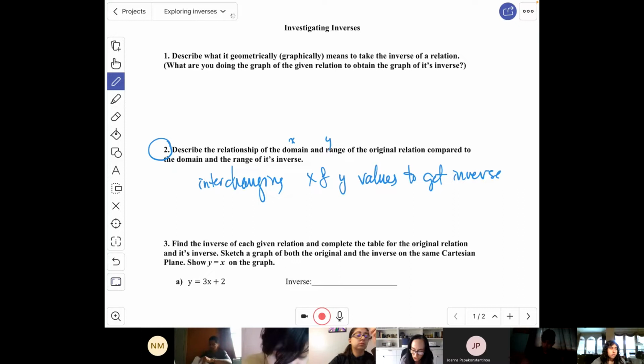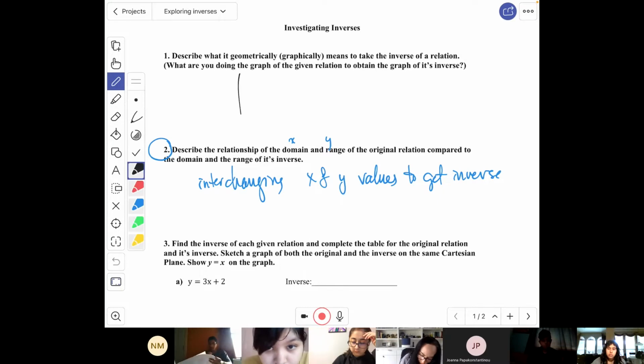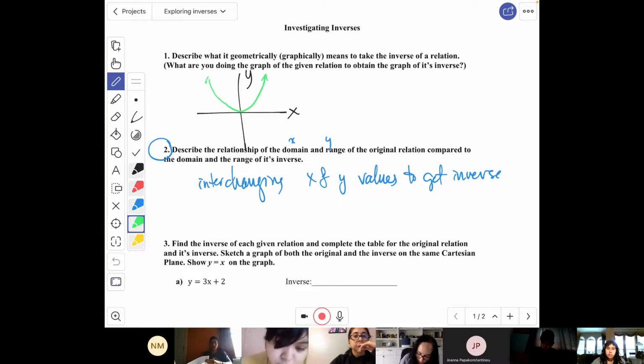So if you are interchanging your x and your y values, let me give you a little hint. Let's say I have a graph. So here is my parent, f of x, and this one is a function, but I don't have to give you a function.